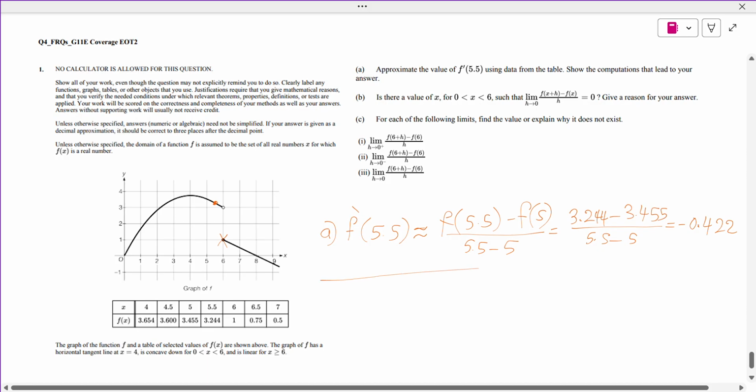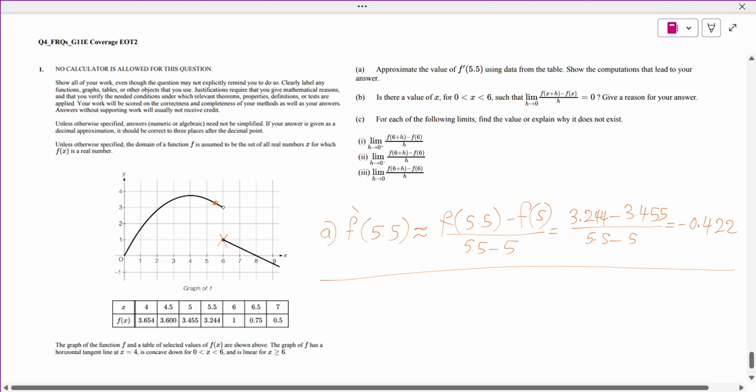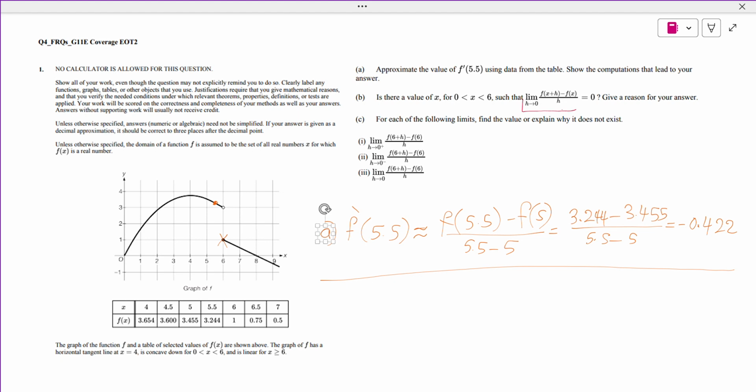Now, for the second part, it says, is there a value of x from 0 to 6 such that this limit equals 0? Well, this limit must look familiar. It's the formal definition, or the limit definition, of the derivative.